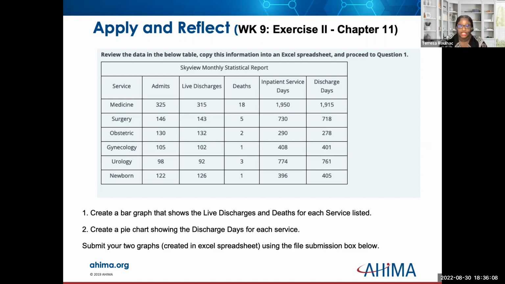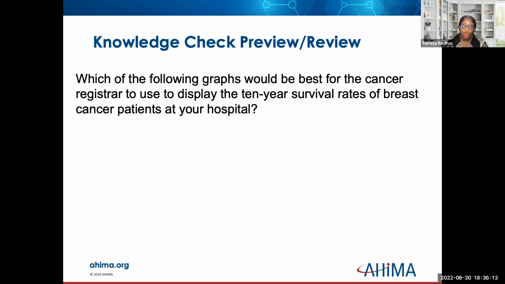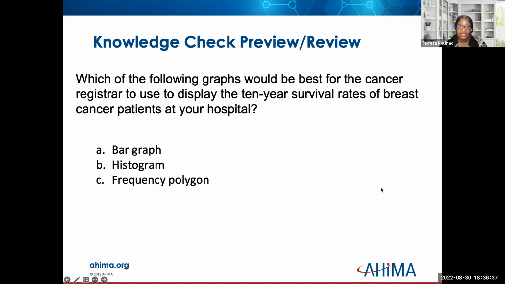You still have your knowledge check, and I pulled 2 random questions that I'm just going to go over really quick and see how well you do. Which of the following graphs would be best for the cancer registrar to use to display the 10-year survival rates of breast cancer patients at your hospital? Is it A, a bar graph, B, a histogram, C, a frequency polygon, or D, a line graph?